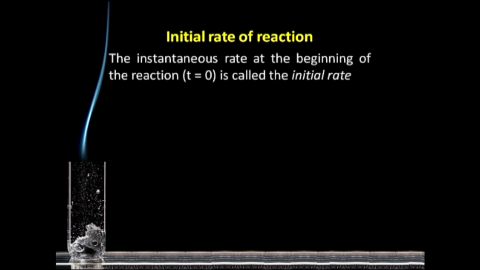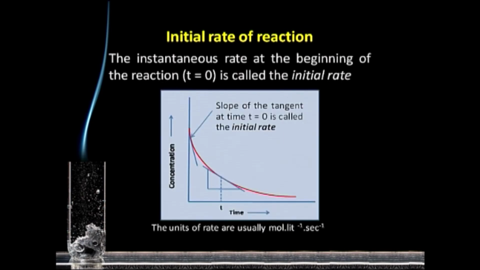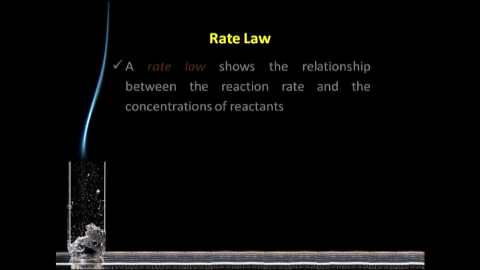It is easy to find out the instantaneous rate at the beginning of the reaction, that is time t equal to 0, which is called the initial rate. You draw a tangent here at time t equal to 0, get the slope, and whatever slope that we get is the initial rate of the reaction.